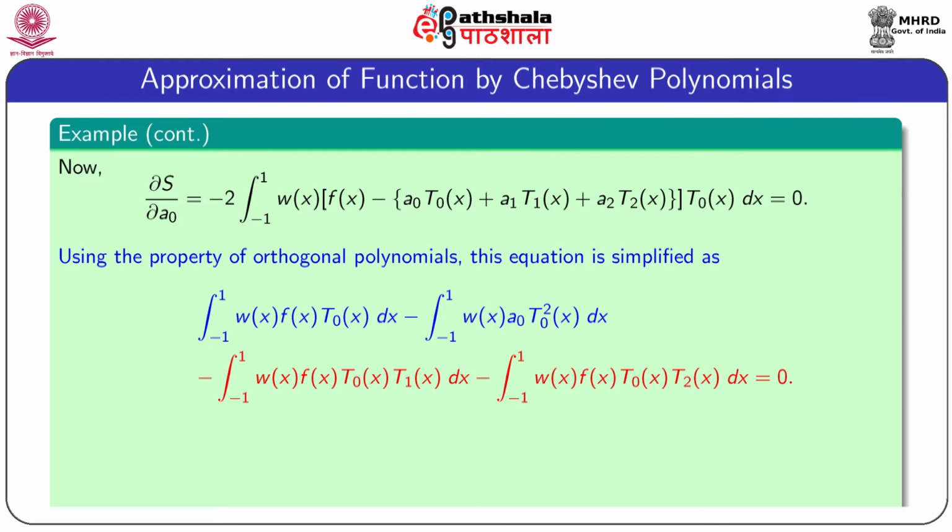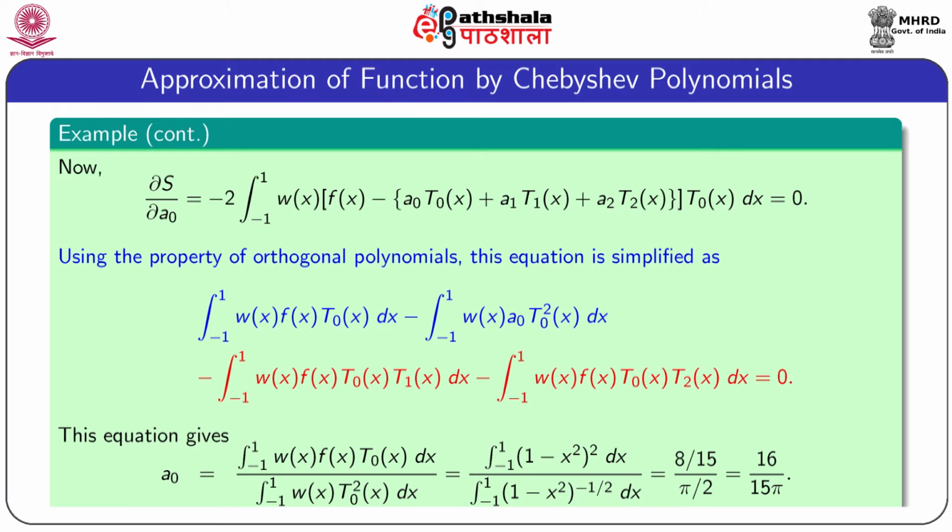But the last two terms are 0 because T0 and T1 are orthogonal, and also T0 and T2 are orthogonal. That is why the red part will be discarded from this equation.